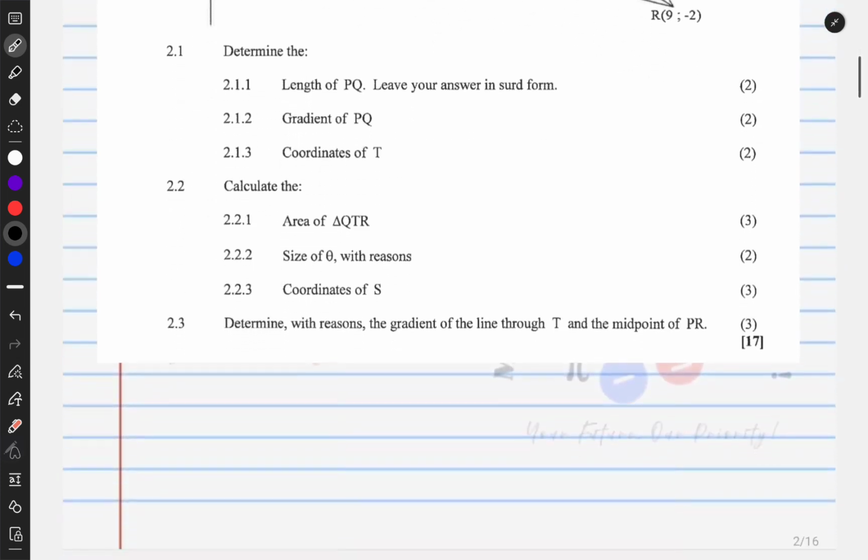Okay, I'll just try to squeeze it in here. 2.1.1, we're asked to calculate the length of PQ. We're going to say the distance of PQ, or length of PQ, is equal to XP minus XQ squared plus YP minus YQ squared.